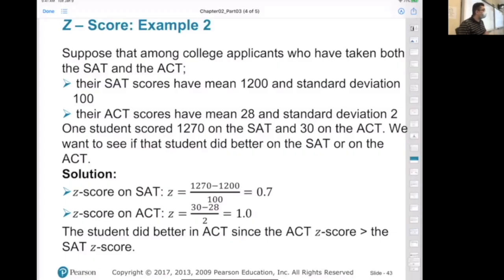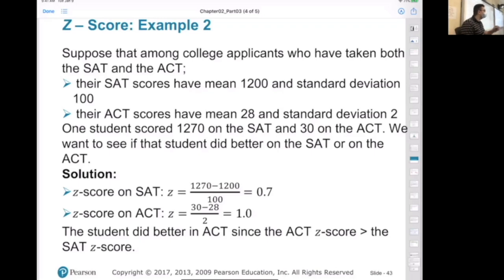We want to see if the student did better on the SAT or on the ACT. Actually, we cannot compare them by the standard deviation, as I said to you last time. Why? Because we don't have the same mean. The only way to use the standard deviation to compare two groups is if you have the same mean for these two groups.